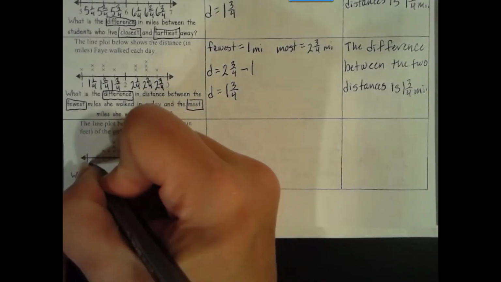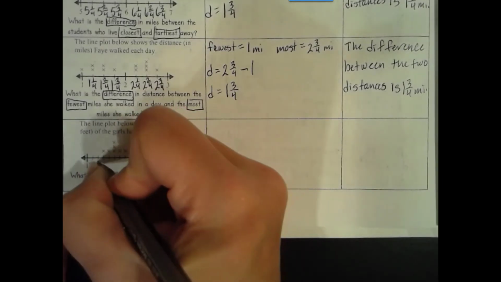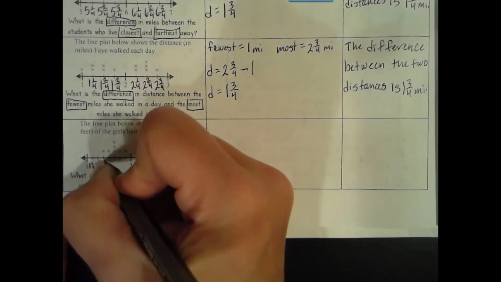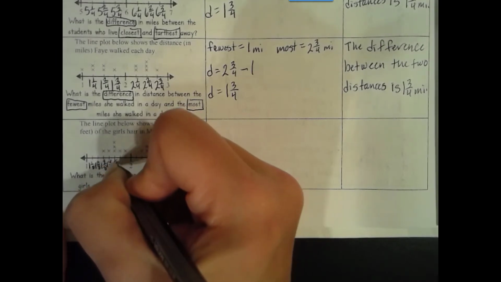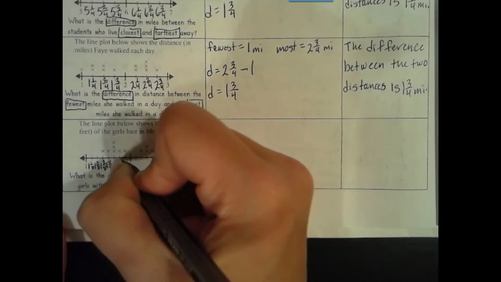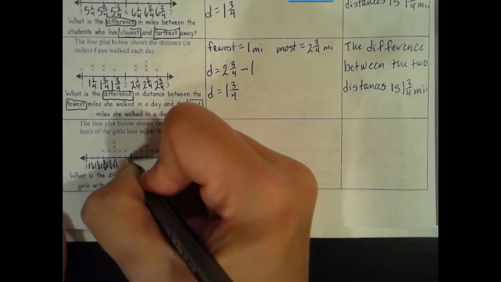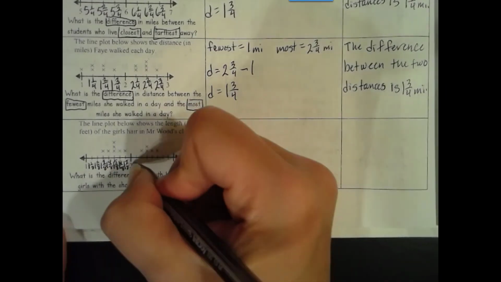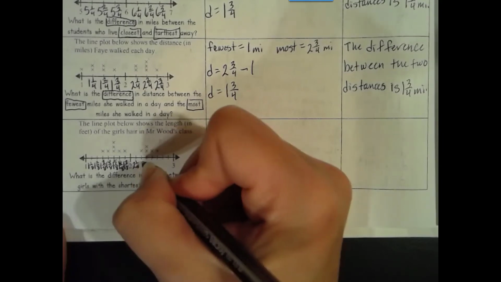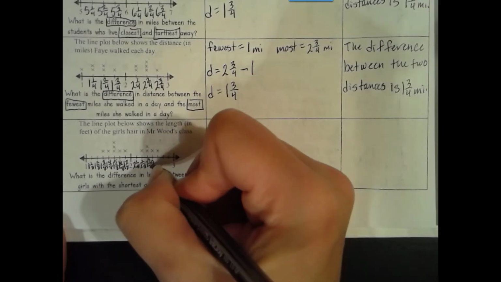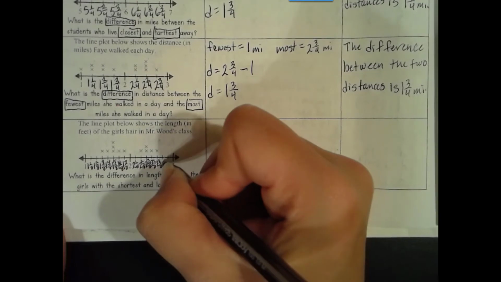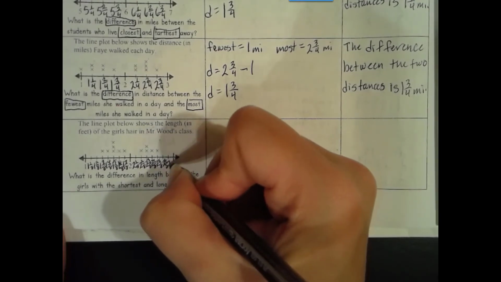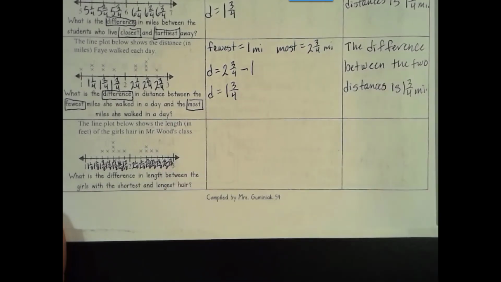So we have 1 1/8, 1 2/8 or 1/4, 1 3/8, 1 4/8 or 1 1/2, 1 5/8, 1 6/8 or 1 3/4, 1 7/8, and then 2. 2 1/8, 2 2/8, 2 3/8, 2 4/8, 2 5/8, 2 6/8, 2 7/8, and then 3.